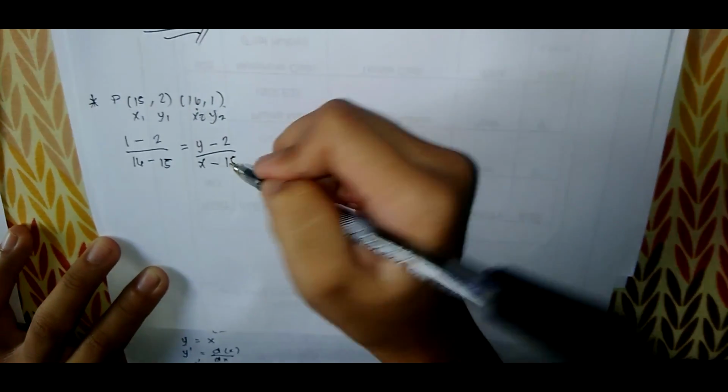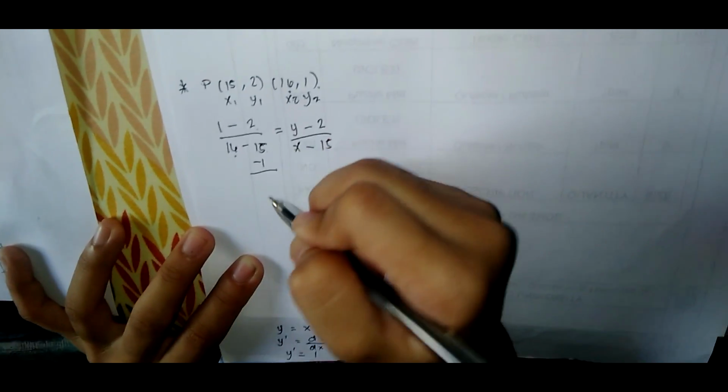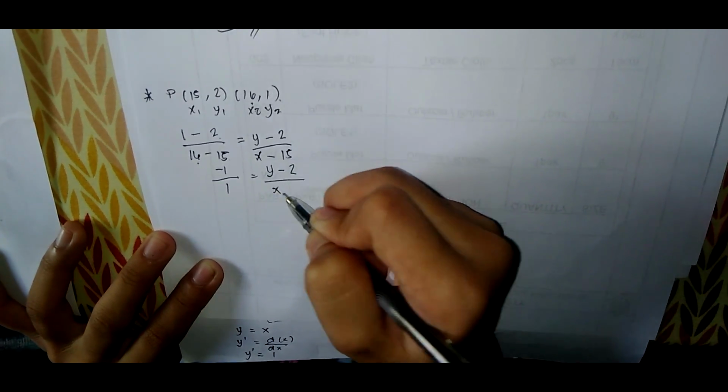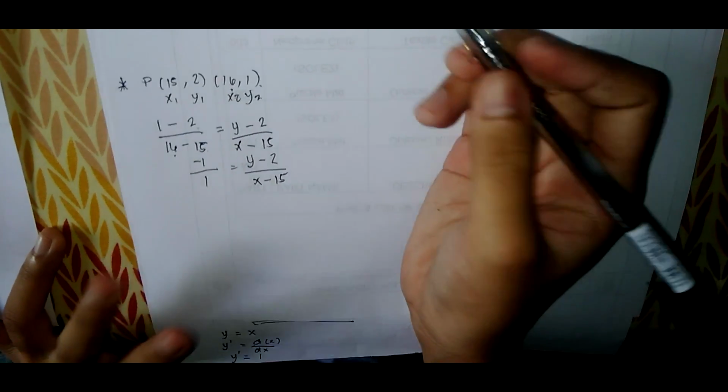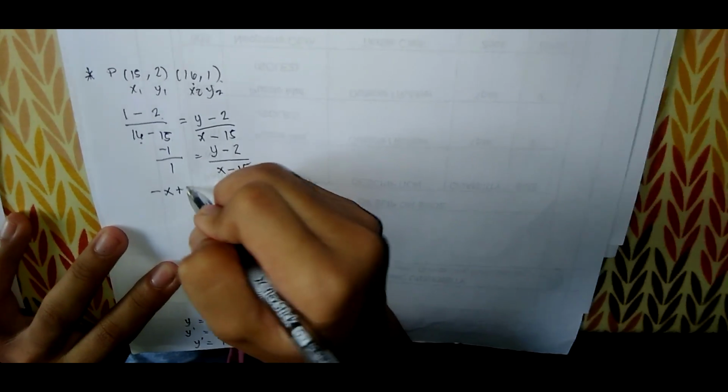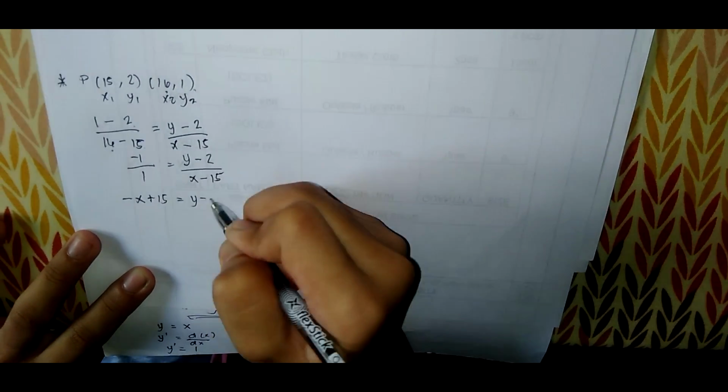1 minus 2, negative 1 over 16 minus 15 is 1 is equal to y minus 2 over x minus 15. Then cross multiply. Negative x plus 15 is equal to y minus 2.